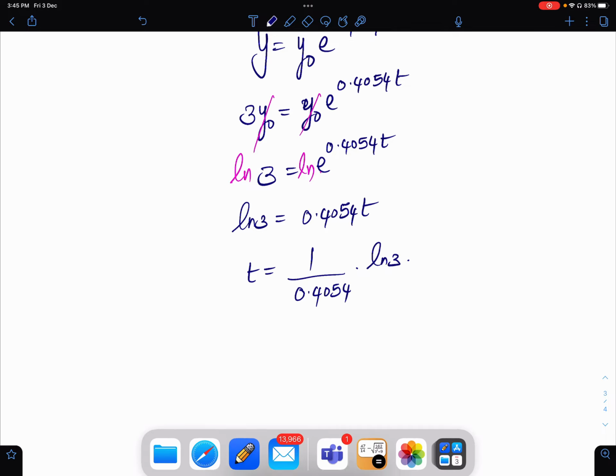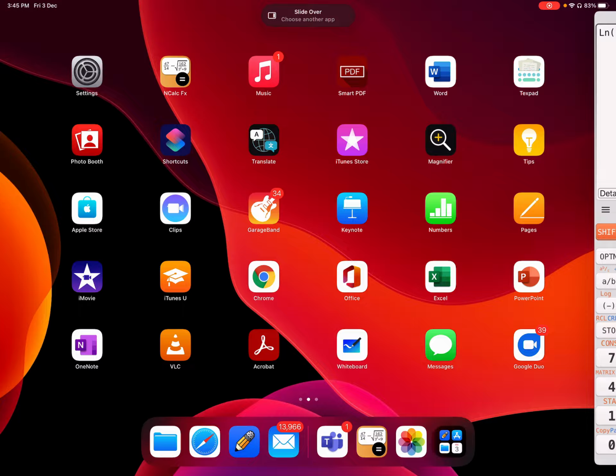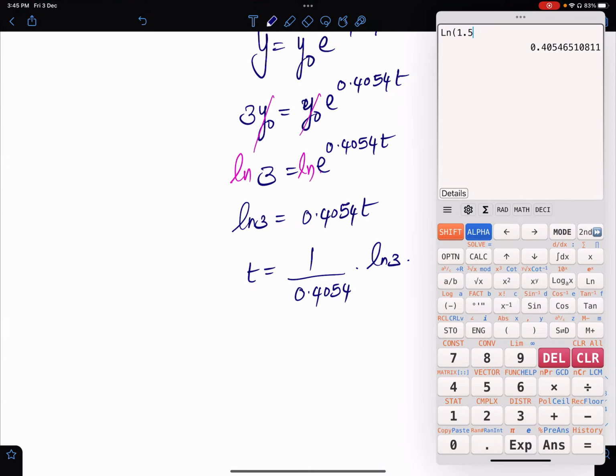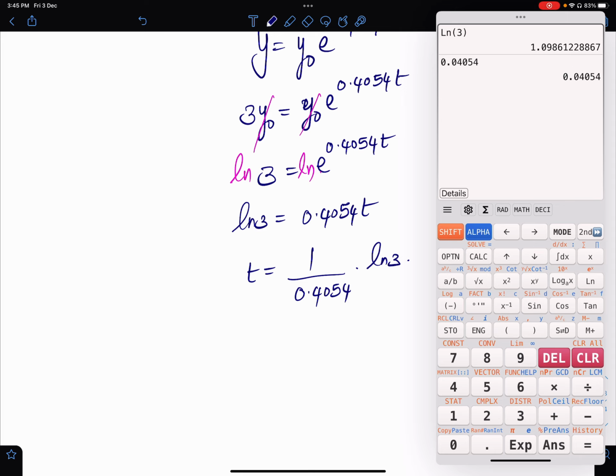So use the calculator. Ln 3 divided by 0.4054. Clear.